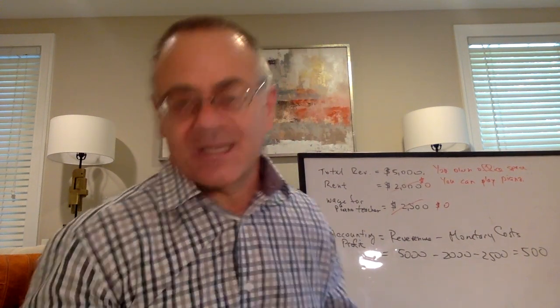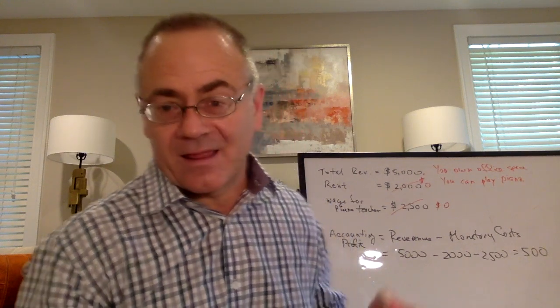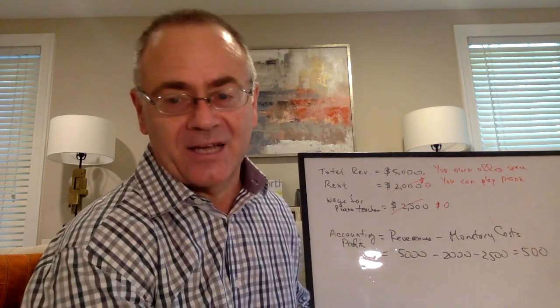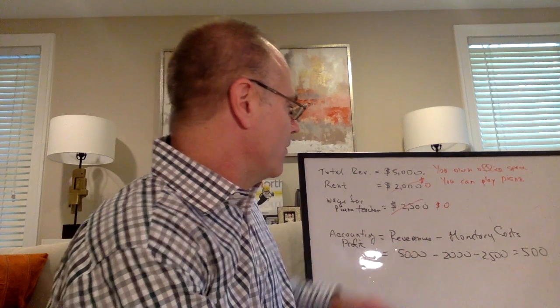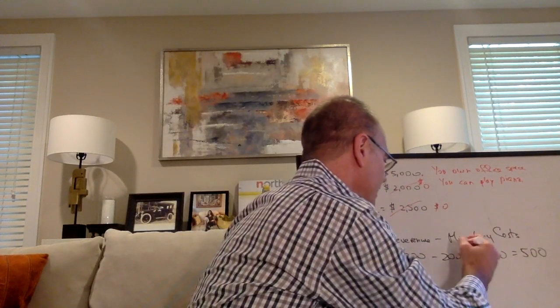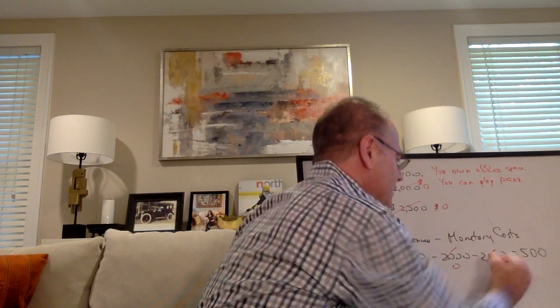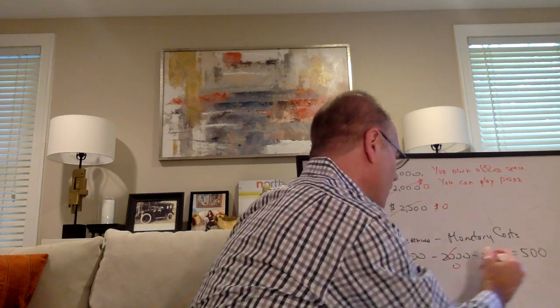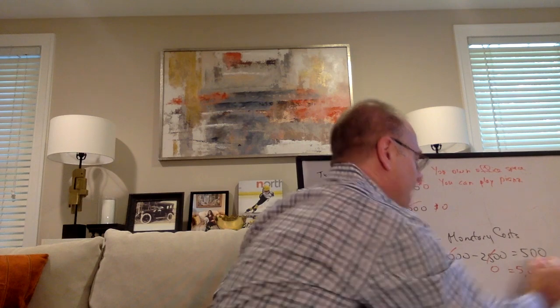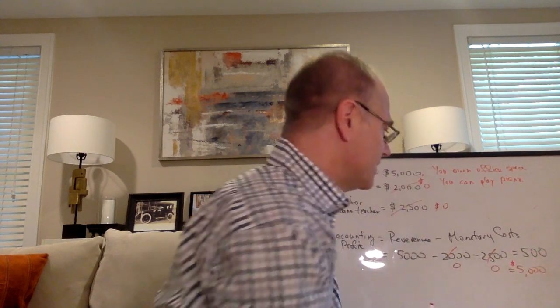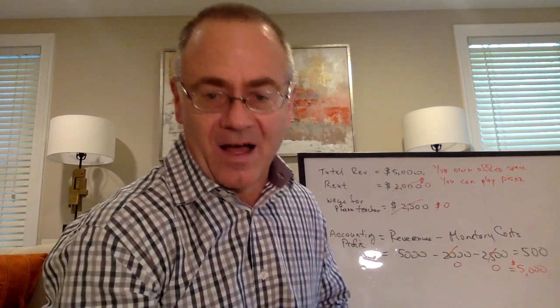And so what we would say now is that the accounting profit has changed. So you still get the same revenue, 5,000, but now the rent is zero and the wages are zero. So the profit is now $5,000. The accounting profit is now $5,000 instead of $500.